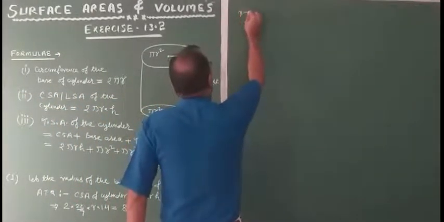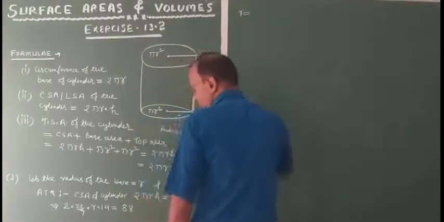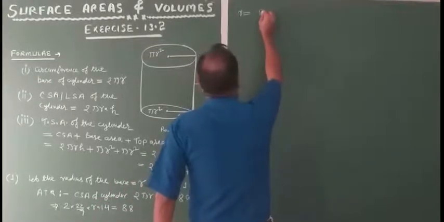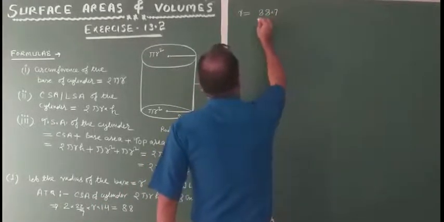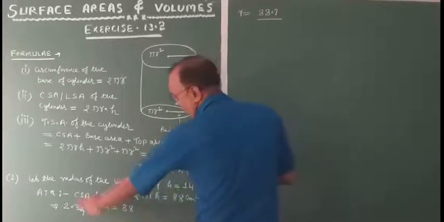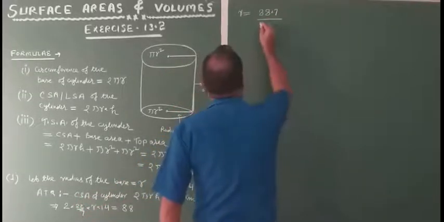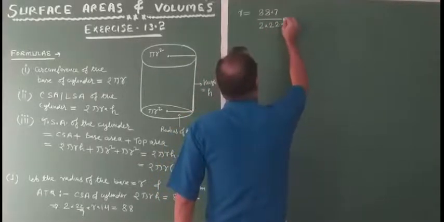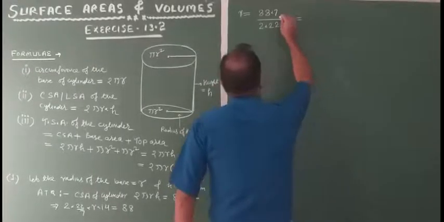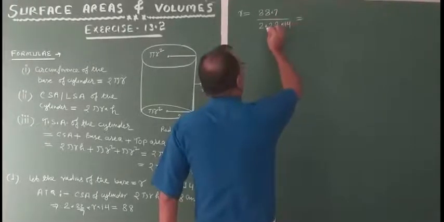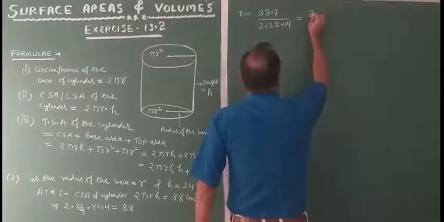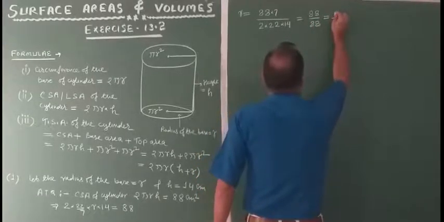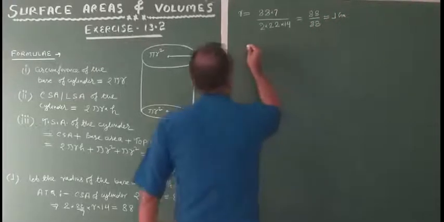So r can be calculated as 88 into 7 divided by 2 into 22 into 14. Now 7 into 14, so 2 into 4, and 88 upon 88, that is 1 centimeter.